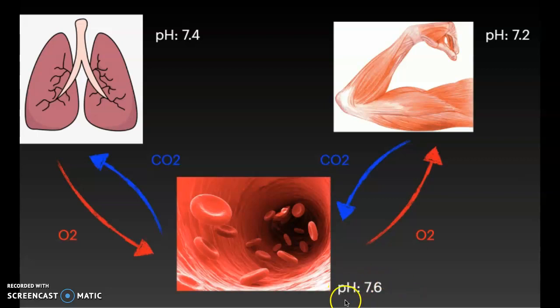Since the pH goes up, oxygen affinity is not lowered, it's actually increased. So that's why oxygen stays bound to hemoglobin while it's traveling through the bloodstream, and not until it reaches the lower pH of the muscles does the oxygen dissociate from the hemoglobin due to the lowered affinity. And that is all.